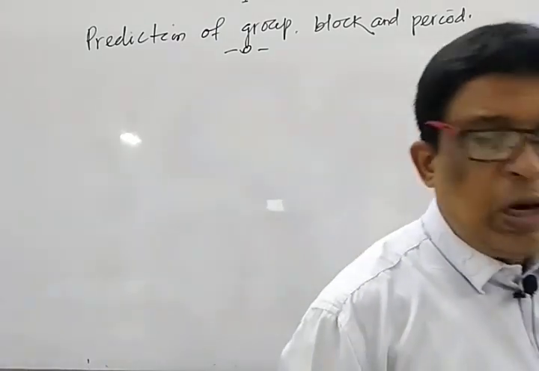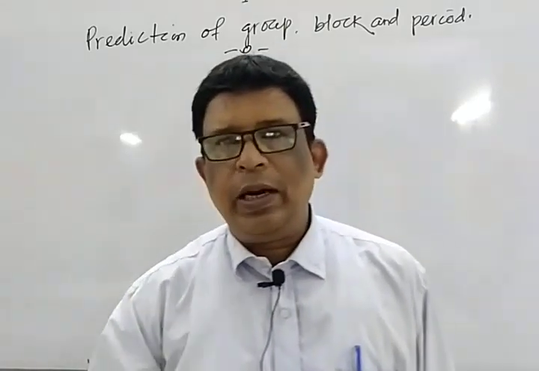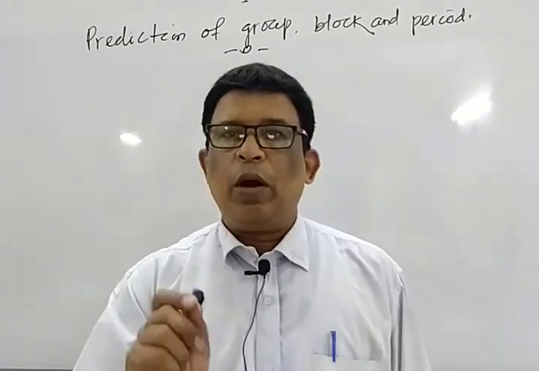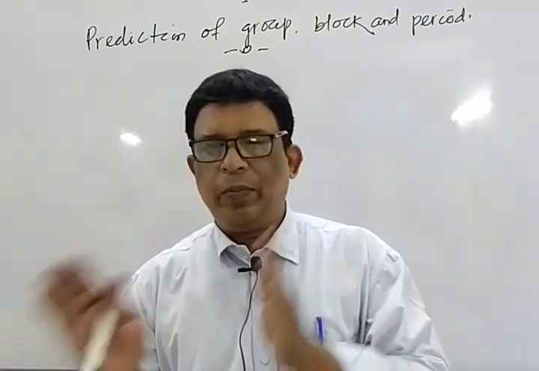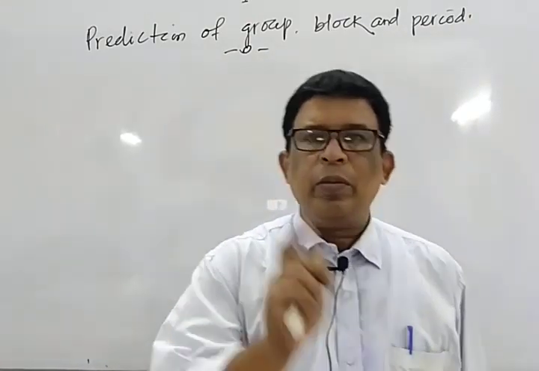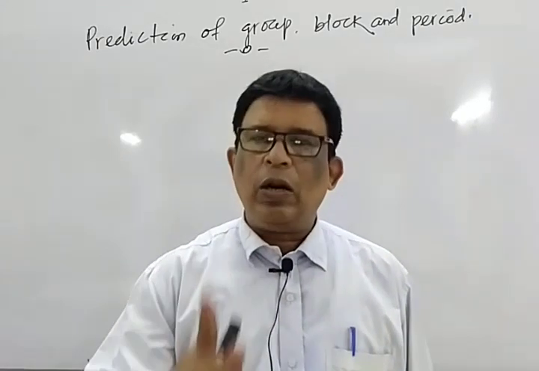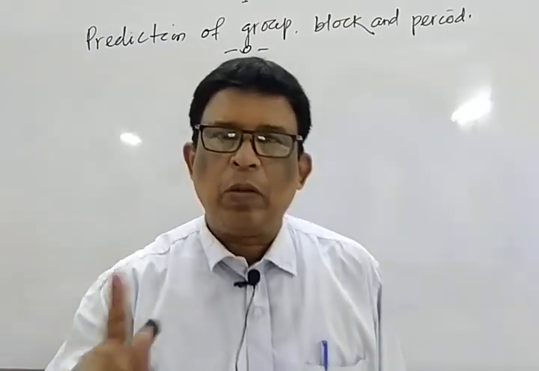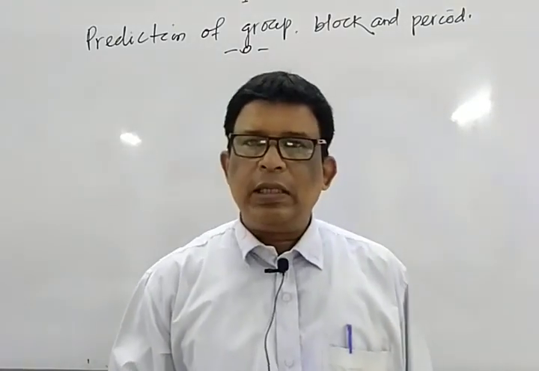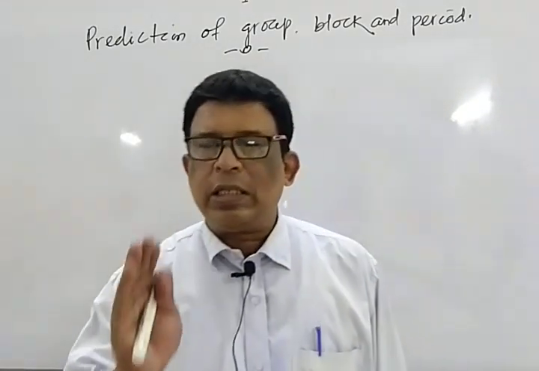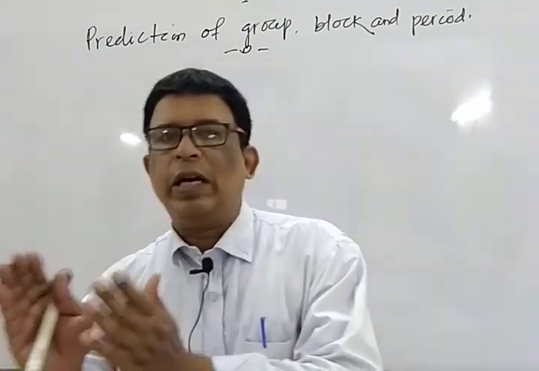The period of an element, mark the 2 to 3 points. The period of an element can be calculated from the principal quantum number. Just listen, then we write. Whether it belongs to the first period, 2nd period or 3rd period can be calculated from the principal quantum number. Then group, whether it is first group or 2nd group or 3rd group. Next is block, s block, p block, d block.